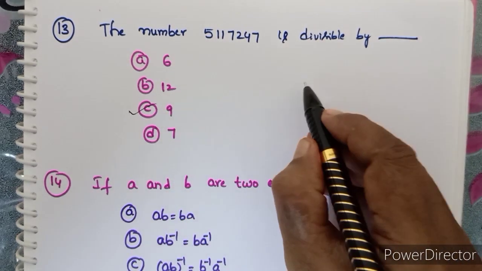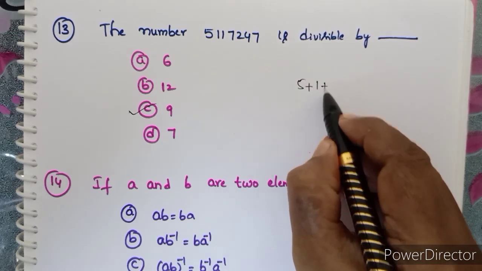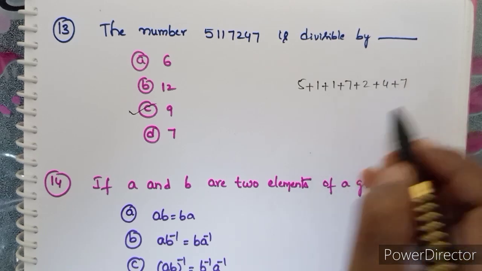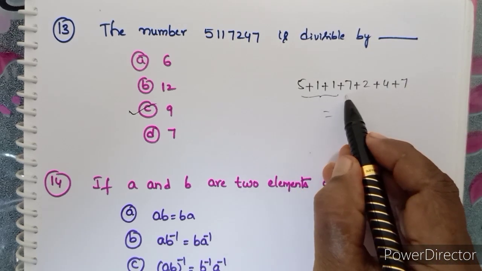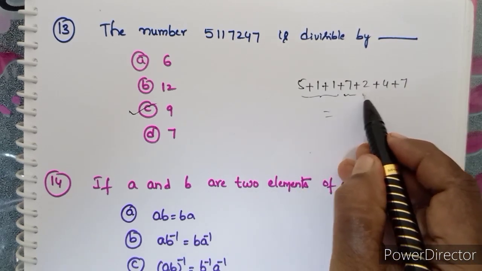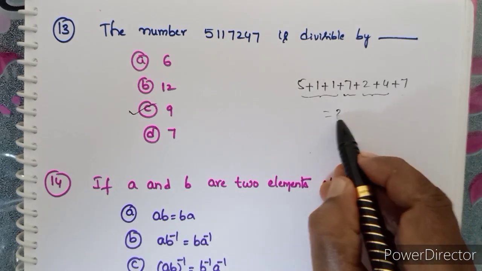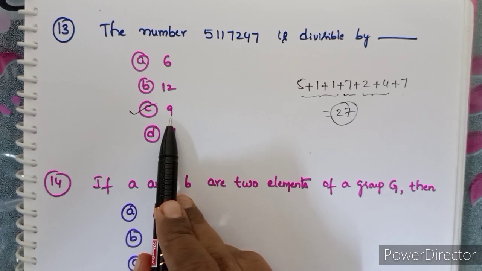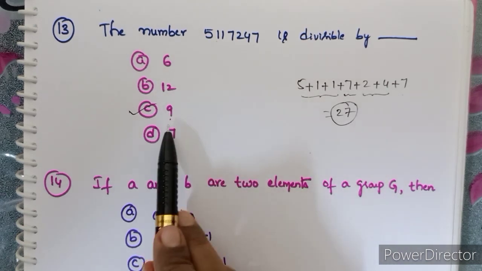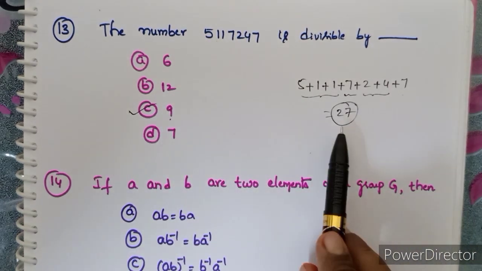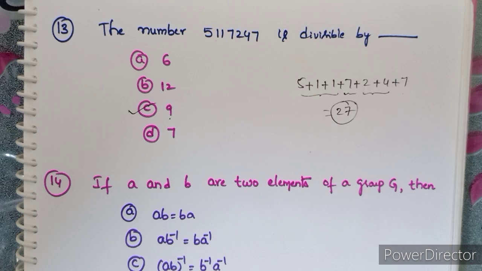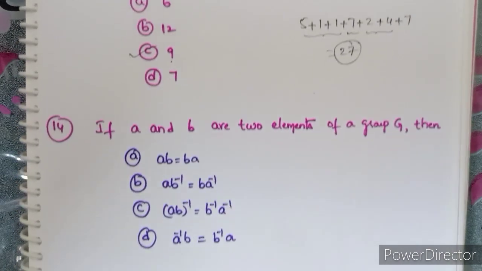By adding all the digits in this 7-digit number, 7 plus 7 is 14, 14 plus 6 is 20, 20 plus 7 is 27. 27 is divisible by 9 here. That is why this number is divisible by 9. It is not divisible by 6, 12 and 7. So answer C is correct.